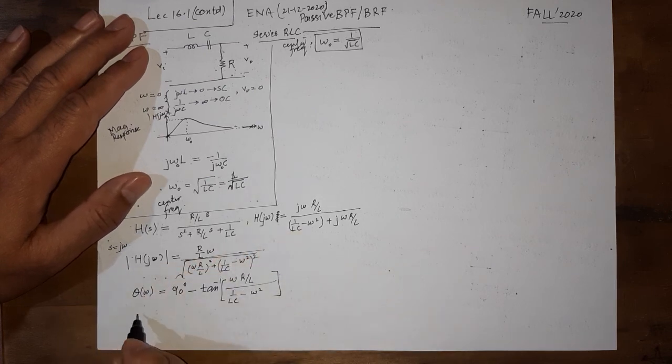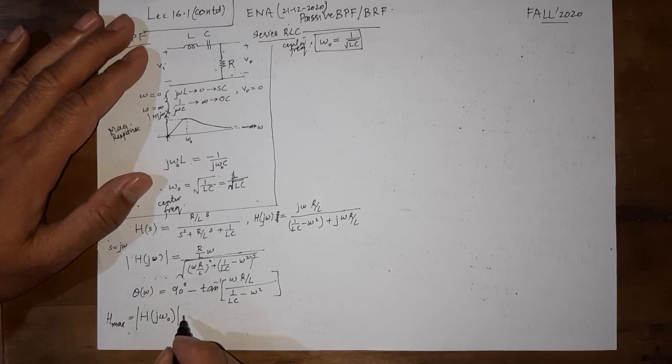Now by definition, the value of omega at which the magnitude of H of j omega would be maximum, let us call that H max, can be found from here.